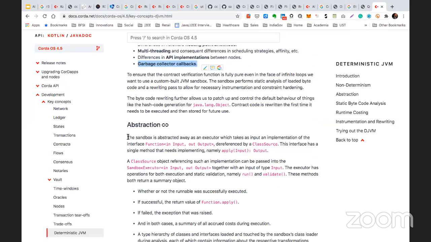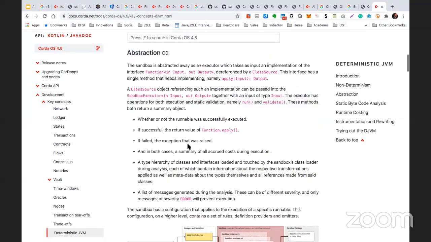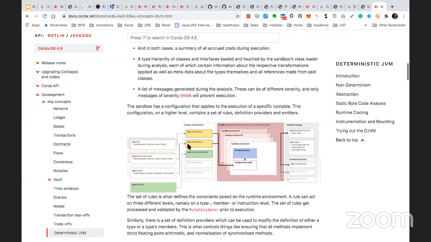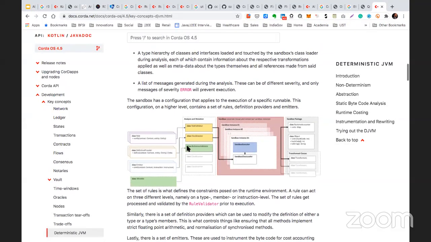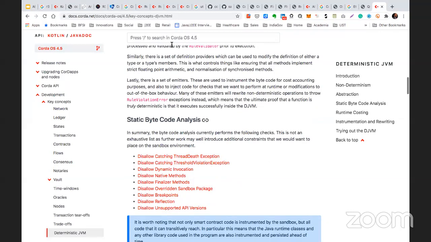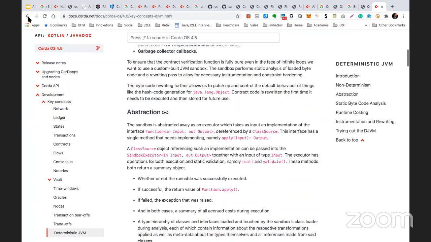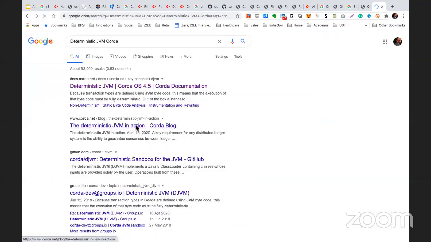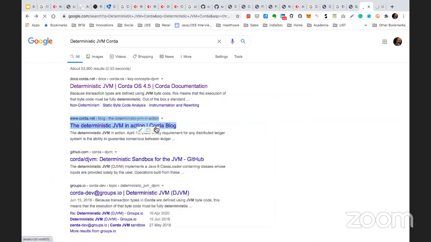We mentioned the contract sandbox, which is used in Corda. It is implemented in such a way that every contract is executed in a deterministic JVM sandbox. You can read more about it here, and there is an interesting article on Corda JVM.